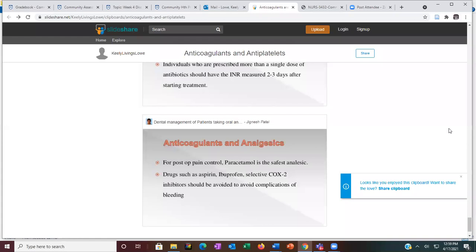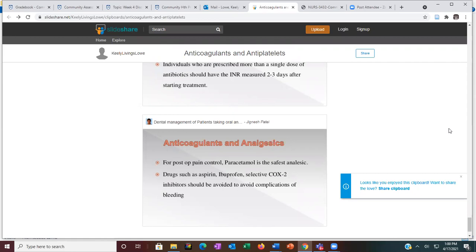The downside is that you have to get blood work drawn at least monthly to monitor that it's staying within the norm. Why? Because it's affected by a lot of things. It's affected by medications and by foods that have vitamin K in them.